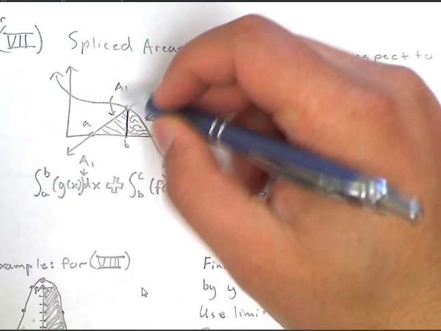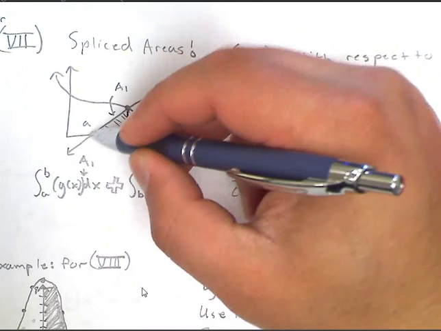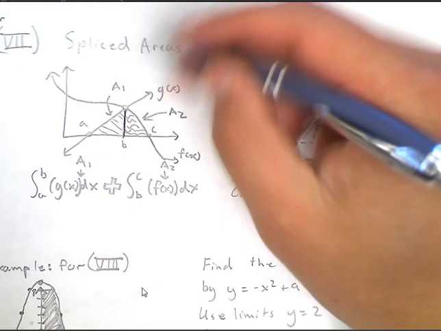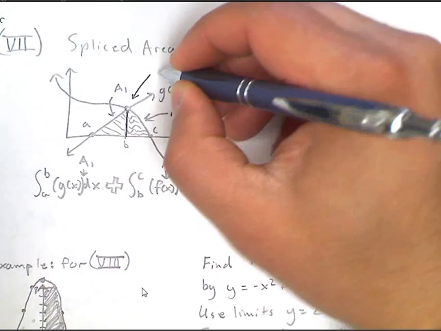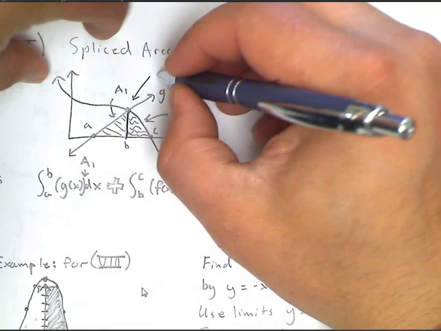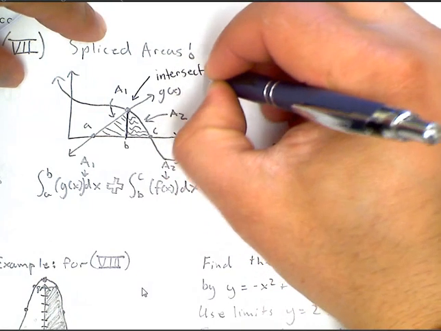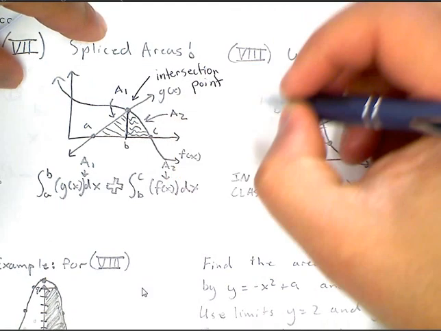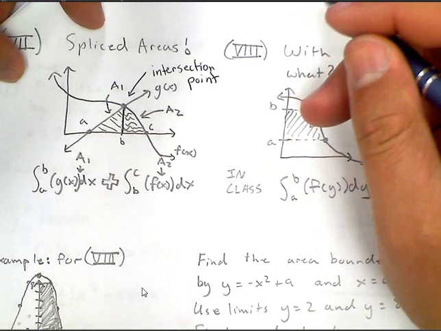So we have to find this area under g of x, which is the integral from a to b of g of x. Notice here, you're going to have to find an intersection point. Well, we know how to find intersection points. Now, we might have to use our calculator. If it's a decimal, we might have to store it.